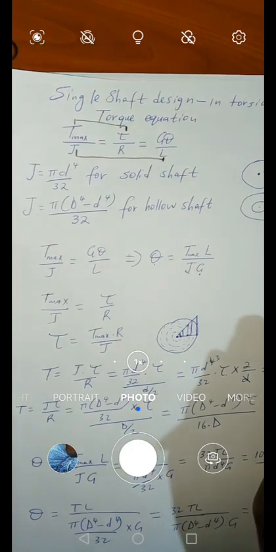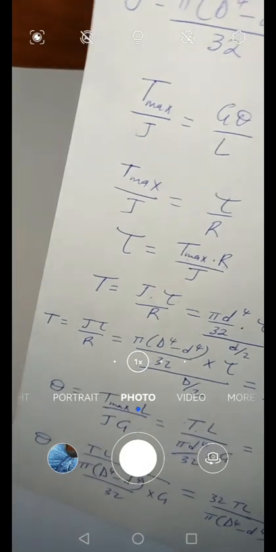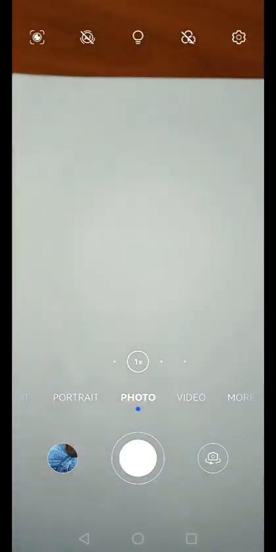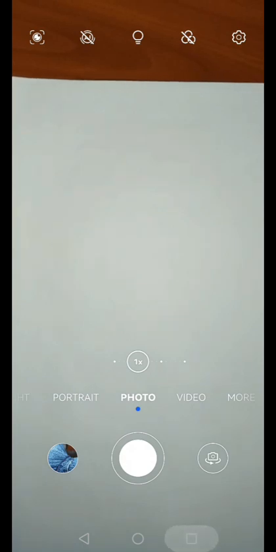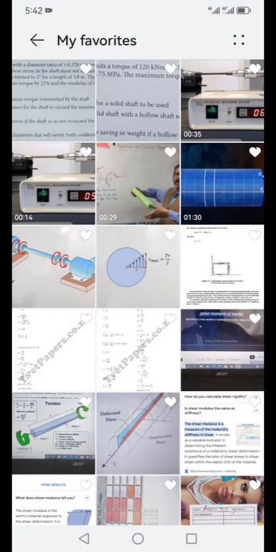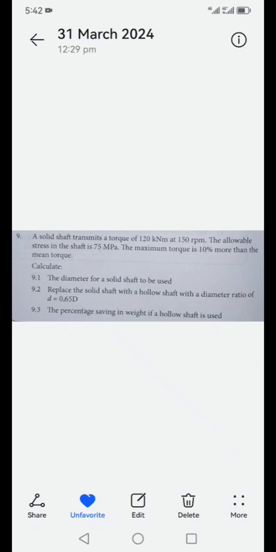Right. Now we can go and try to solve a problem. Let's quickly go to this problem here. We can study this problem. From this problem, we have torque 120. We have N is 150 RPM.